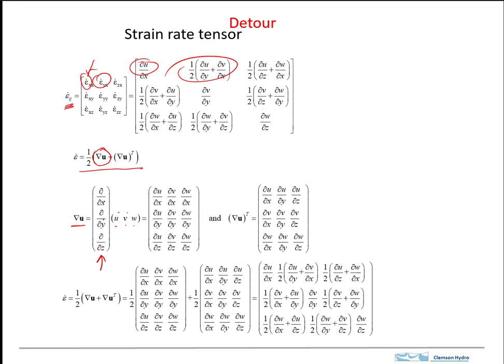These are the three components of the velocity in the XYZ direction. Okay, so if we multiply these together, and this is multiplication now, it's not a dot product, when we multiply these two together, we get this. So this ddx gets applied to U, V, and W, and that gives us this row.